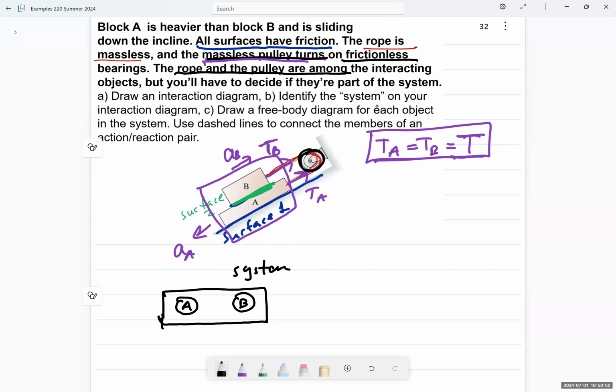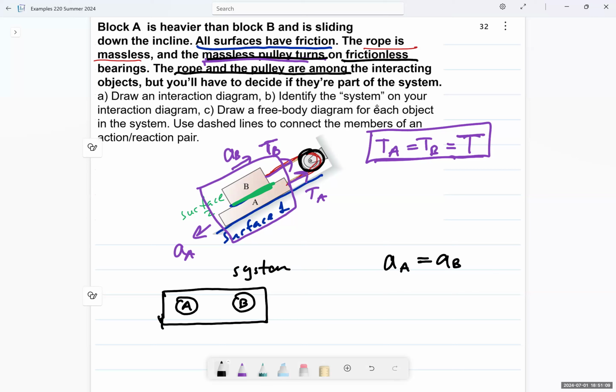But the pulley and the rope are massless, so technically they are not accelerating, so we can ignore them as objects that are part of my system. Remember, the acceleration of all the objects in your system should be the same. That means I have to say the acceleration of A is the same as the acceleration of B, and clearly those two blocks are accelerating.